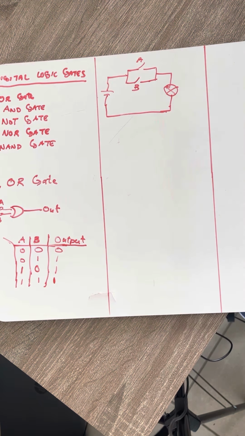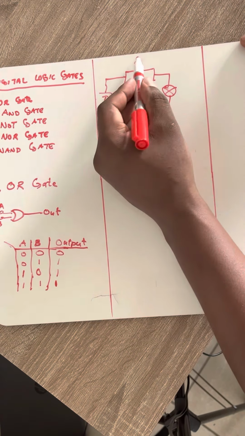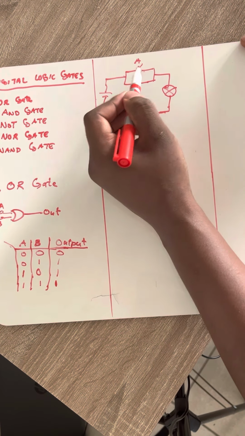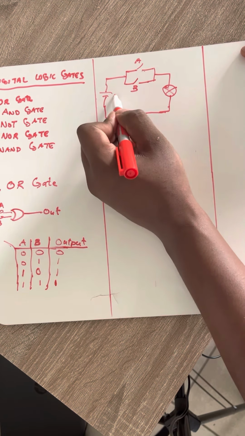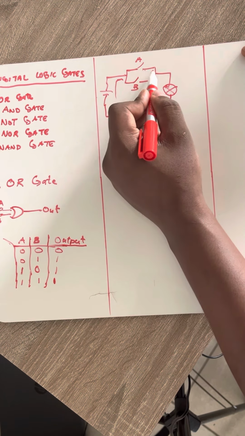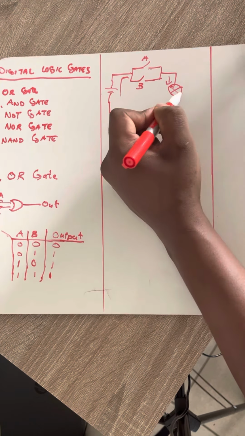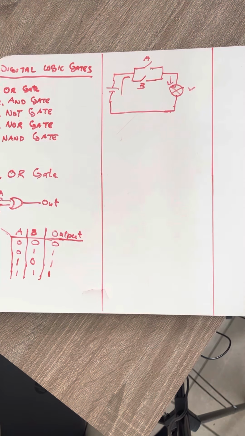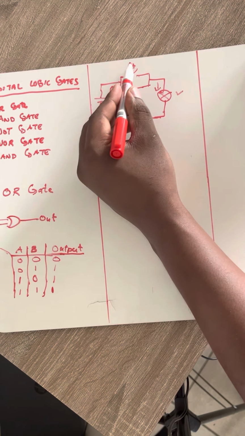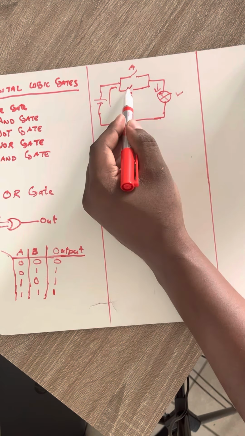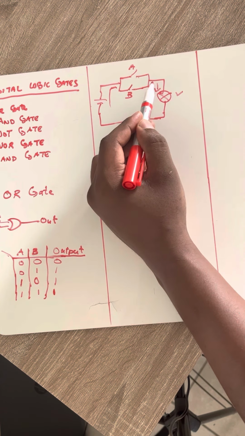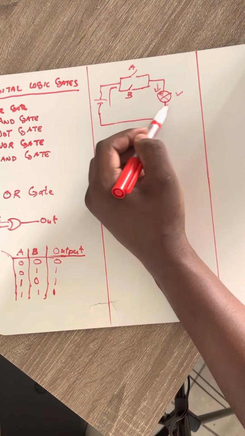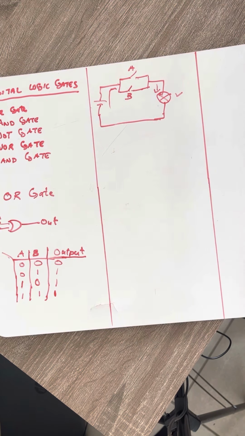So what will happen here is that if A is closed and B is open, the current will still flow through A to the bulb. So the bulb will switch on. If our A is open and our B is closed, the current will flow across the B switch all the way to the bulb, right? And this will always be true.